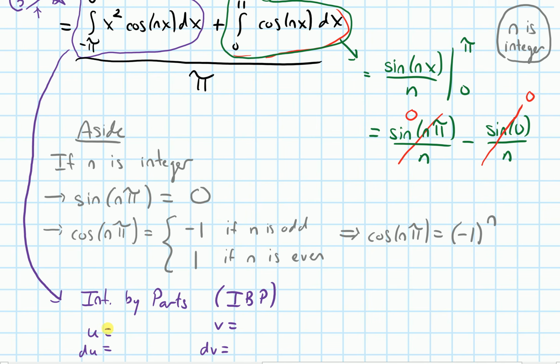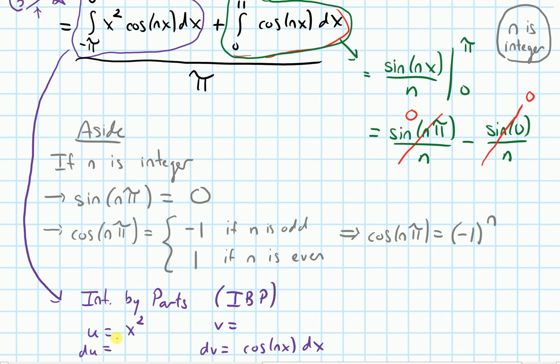So we start off by figuring out what u is and what dv is. For this problem, I want to let u be x squared, and I'm going to let dv be cosine of nx dx. The conceptual reason is that whatever I let u be, I'm going to take the derivative of that to form du.